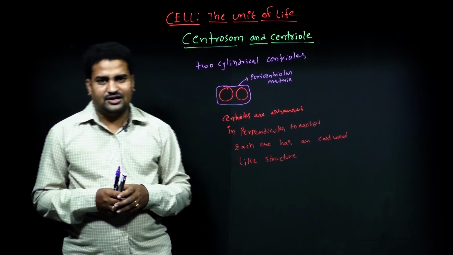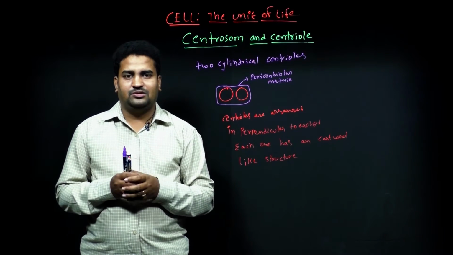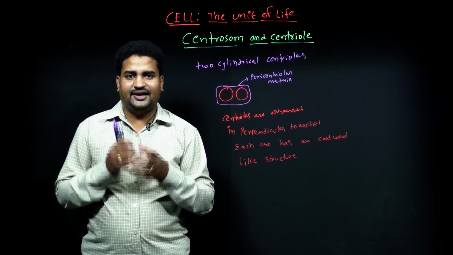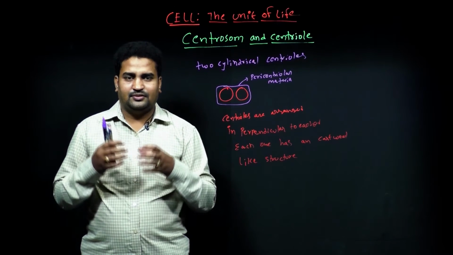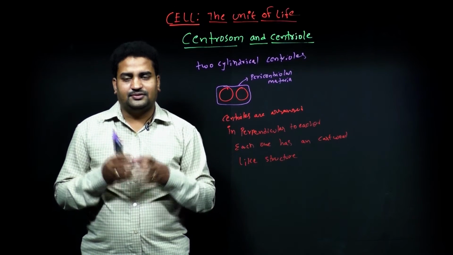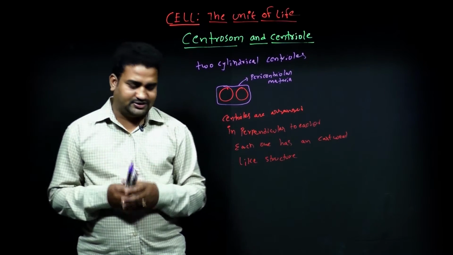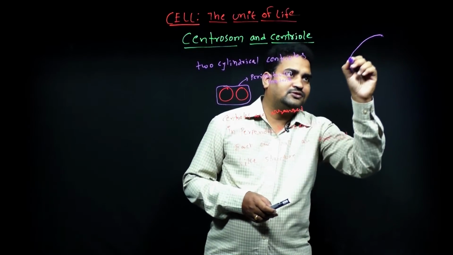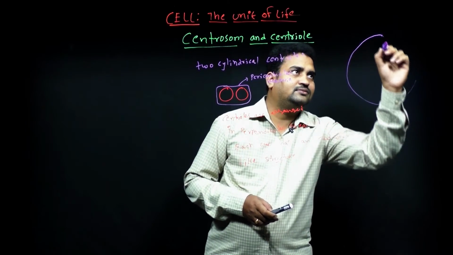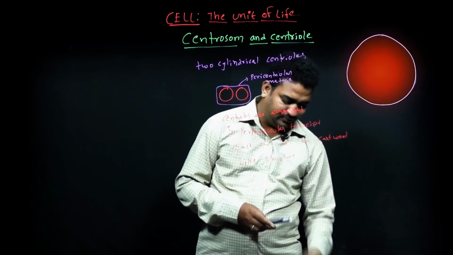So the electron microscopic study of the centriole shows that it contains 9 evenly placed microtubule structures. These are arranged in the form of triplets. So this is the centriole. This centriole contains 9 triplets.